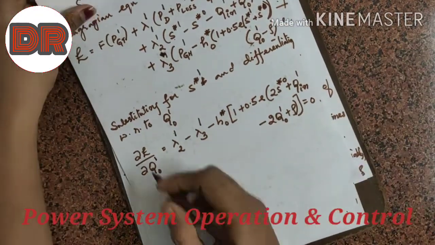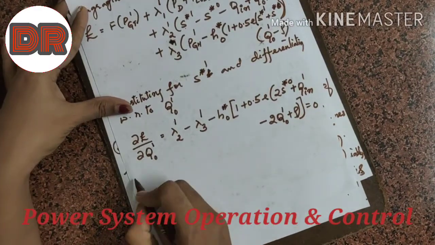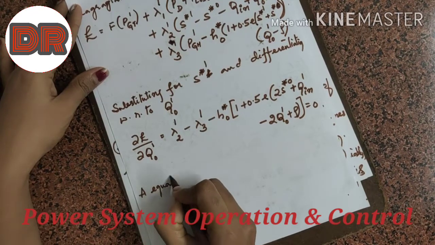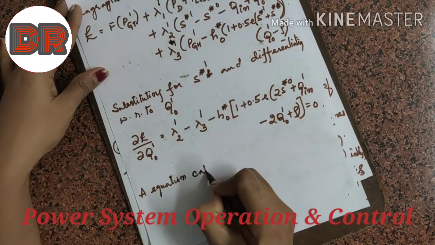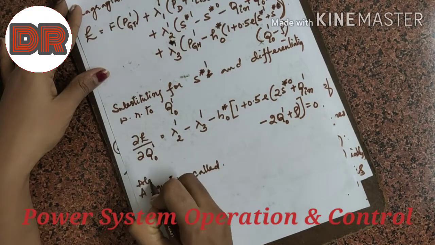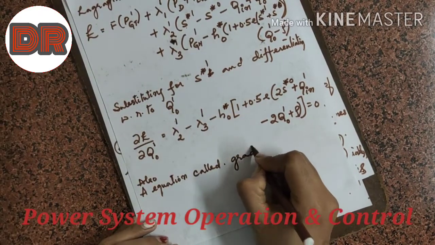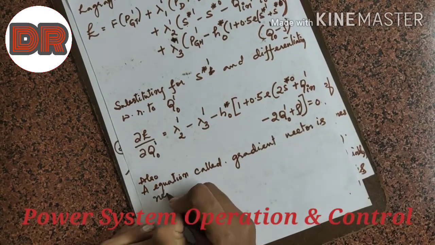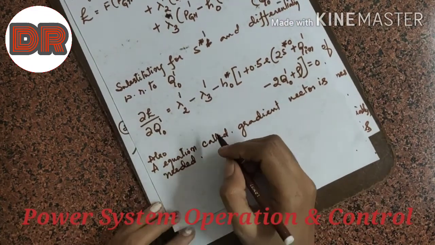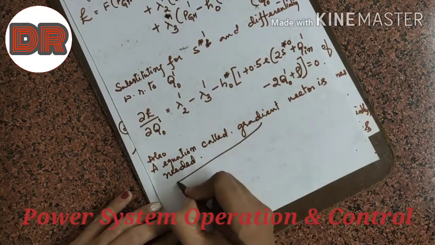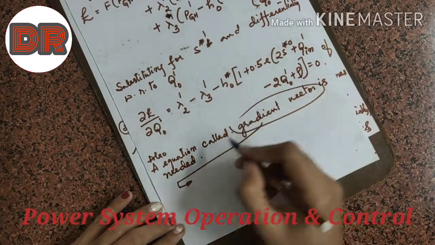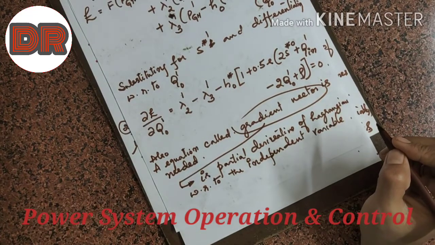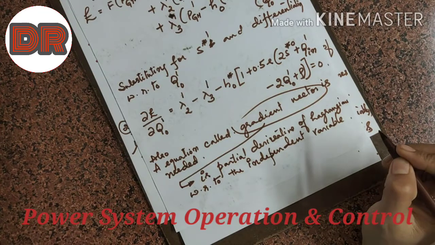And along with all these parameters, what we need is an equation called the gradient vector. What is the gradient vector? The independent variables are Q naught 2, Q naught 3, all those things we have taken, where k is not equal to 1.